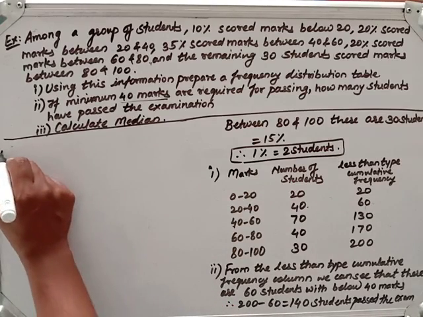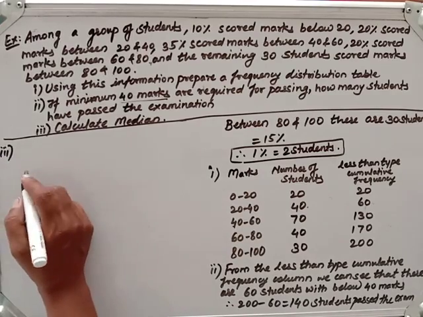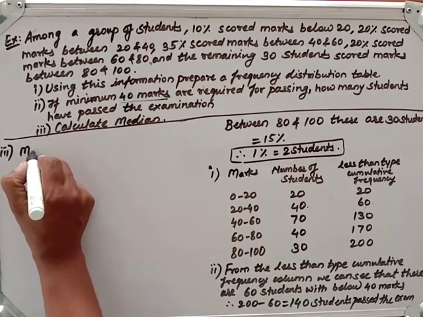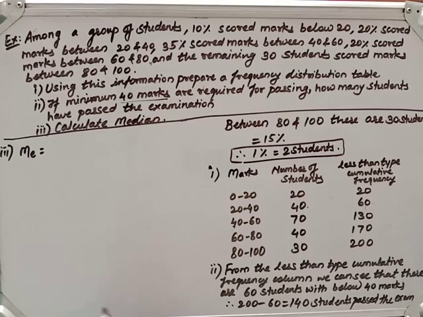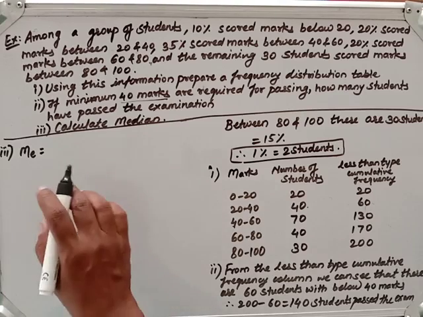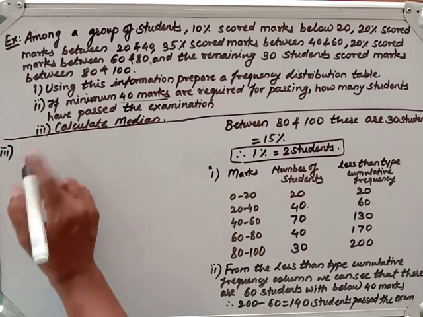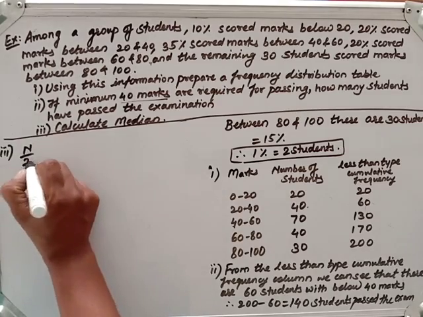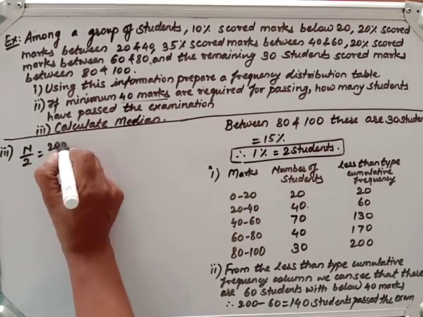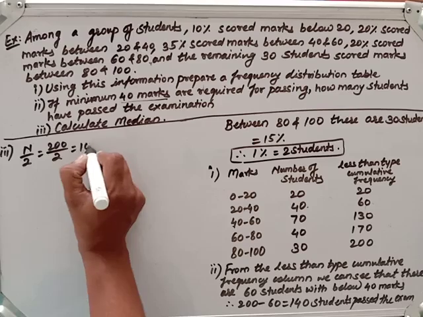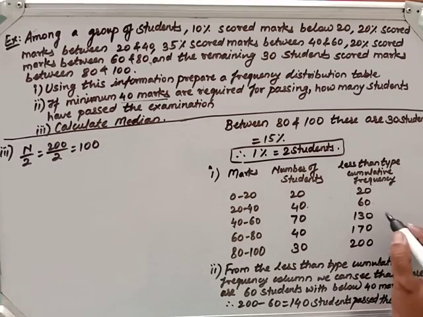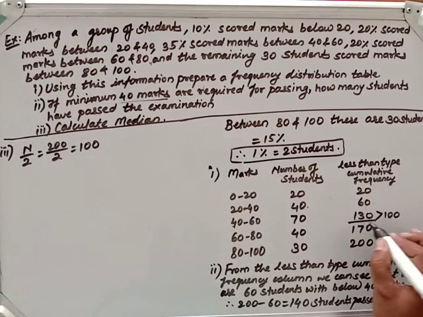Now the third thing, we have to calculate the median. For median, we know we have a formula. But before going towards median, we need to find n by 2. What is n by 2 here? 200 upon 2. So it is again 100. Now which is the median class? Look at here. This frequency is just greater than 100 first time.